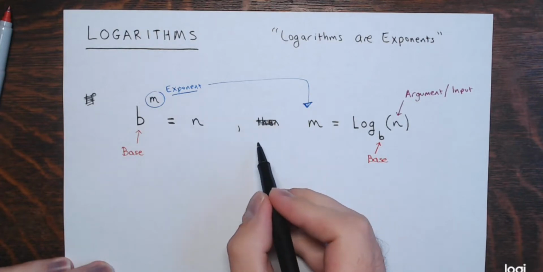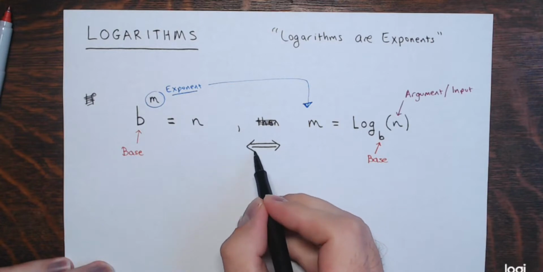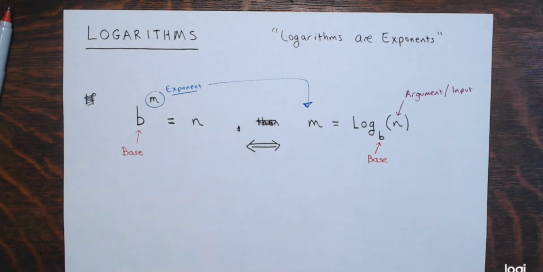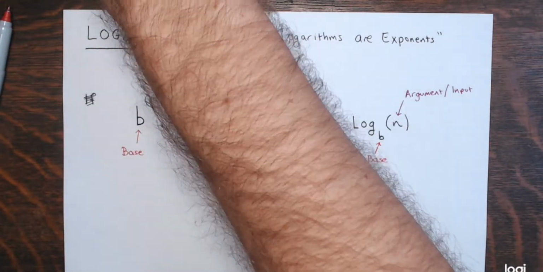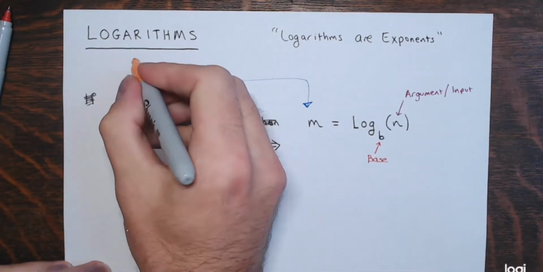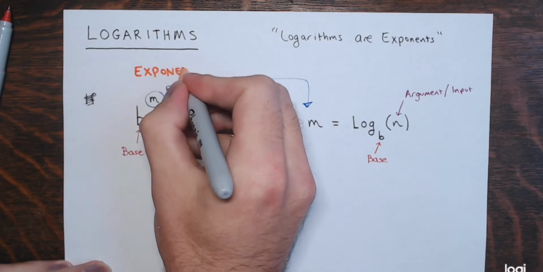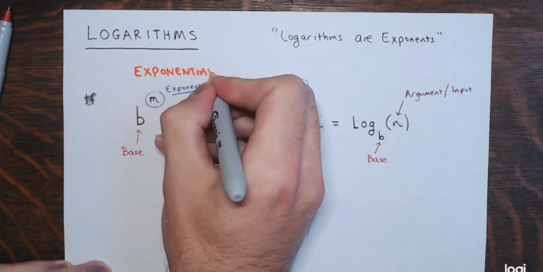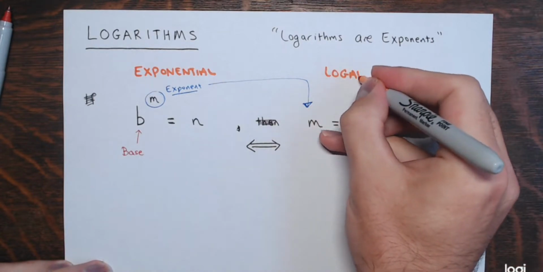What I should have is a back and forth arrow, if and only if. So you should be able to go back and forth between these expressions. Now this one on the left is called exponential form. And the one on the right here is called logarithmic form.